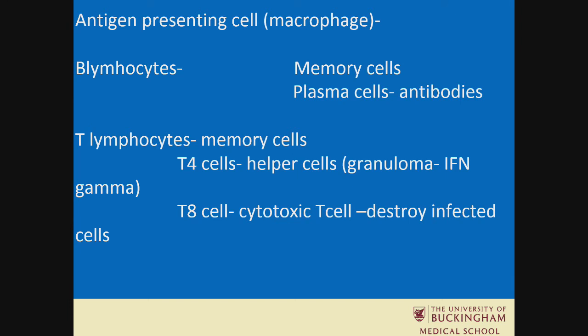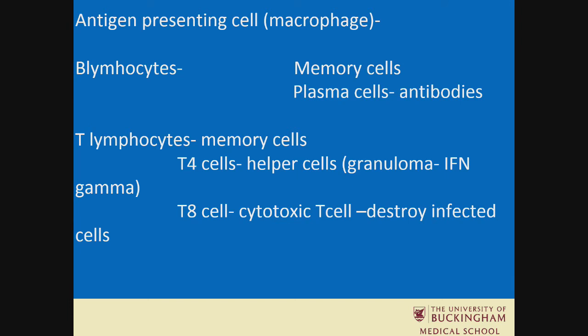Then cytotoxic T cells kill virus infected cells or tumor cells. So they can directly destroy the infected cells. So B lymphocytes are involved in antibody production, and T lymphocytes include helper cells and cytotoxic cells. Cytotoxic cells kill the infected cells.